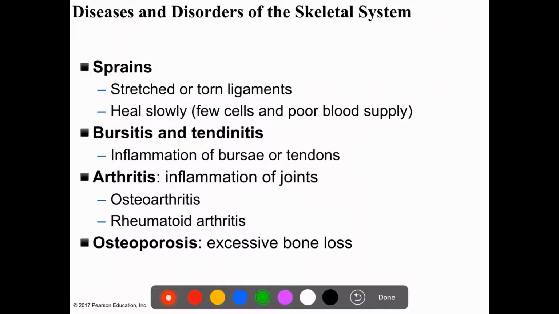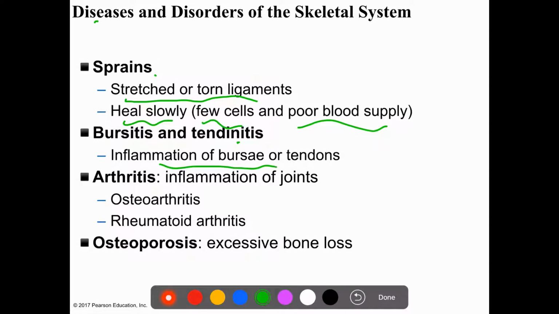The last thing we will need to understand, or to get a general idea about, is some diseases and disorders of the skeletal system. We have the sprains. These are stretched or torn ligaments. Usually they will heal slowly because there are few cells and poor blood supply. There are bursitis and tendinitis.